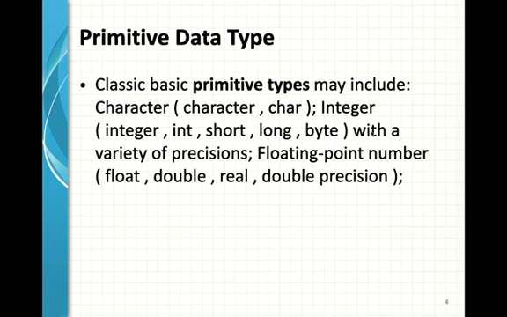So integer is the basic type, but integer can be of many types like int, short int, long int, byte, these kind of things, and with a variety of precision, that is floating point numbers: float, double, real, these kind of things. And you can get the actual picture from your C.